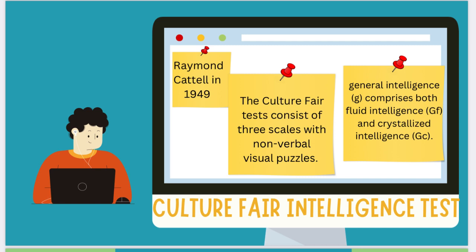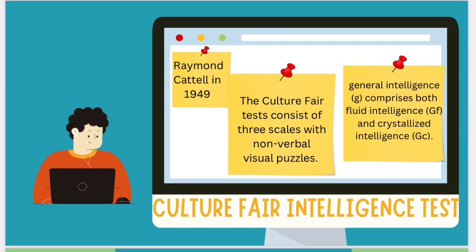Cattell states that general intelligence comprises both fluid intelligence, or Gf, and crystallized intelligence, or Gc, whereby Gf is biologically and constitutionally based, and Gc is the actual level of a person's cognitive functioning.